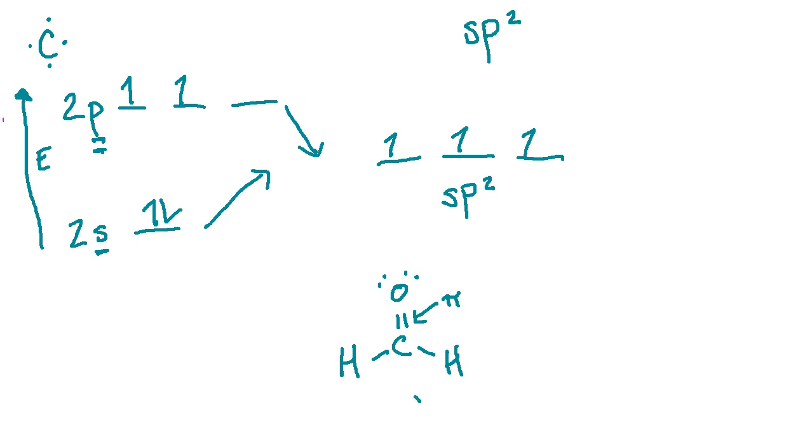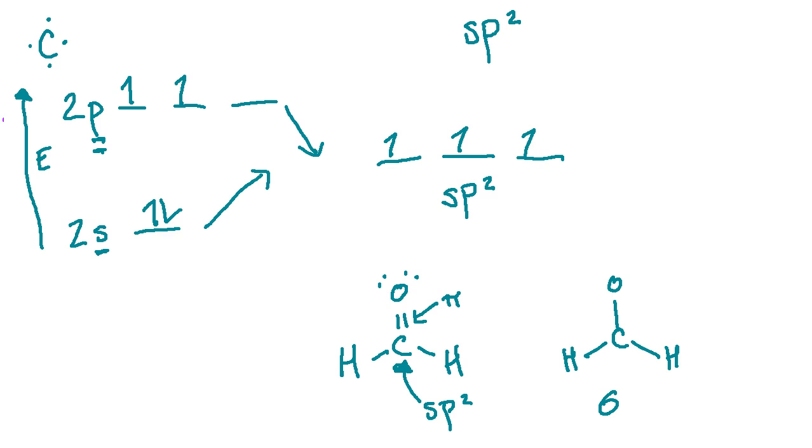So this carbon here is going to be sp² hybridized. And that makes sense because if I look at the number of sigma bonds involved in this carbon, there are 3. I have 1 to the oxygen, 1 to the hydrogen, another 1 to the hydrogen, right?